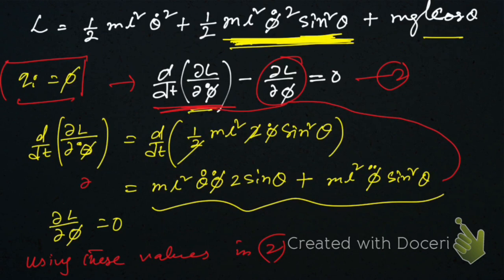Then our equation will be, first let me copy these things: d by dt of del L by del phi dot. Let me copy this result first. So this is the result.